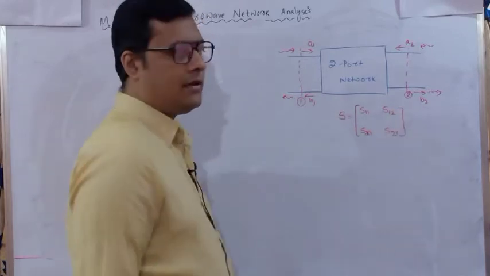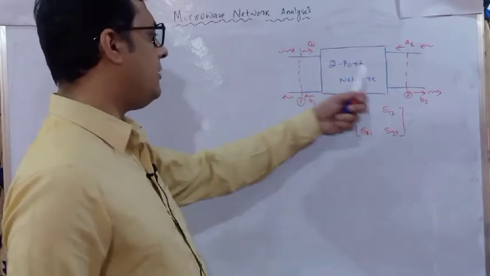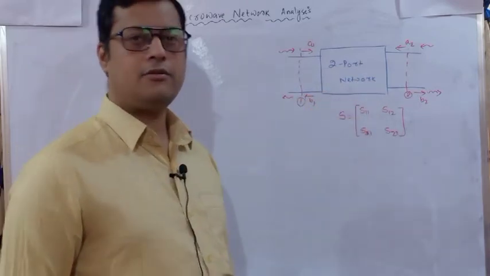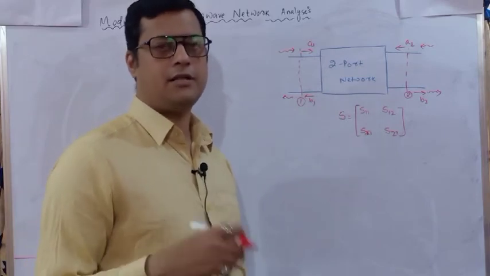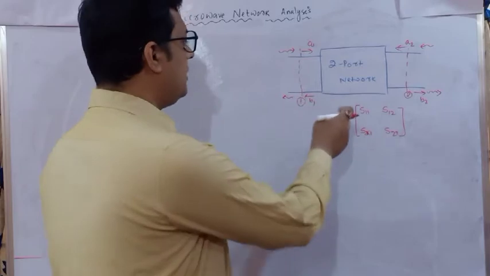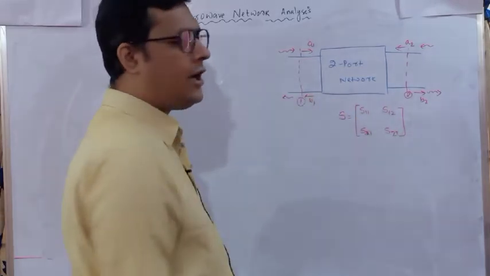S11 and S22 are the reflection coefficients for port 1 and port 2, and S12 and S21 are the attenuation factors which reduce the transmission power. So S11, S12, S21 and S22 are identified.